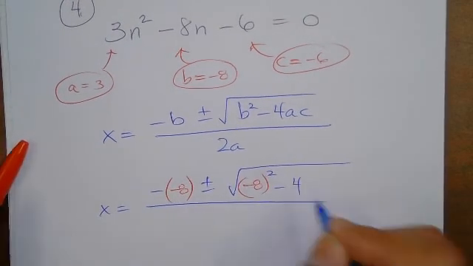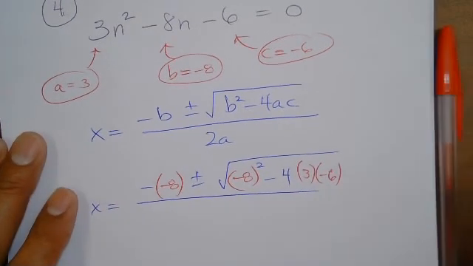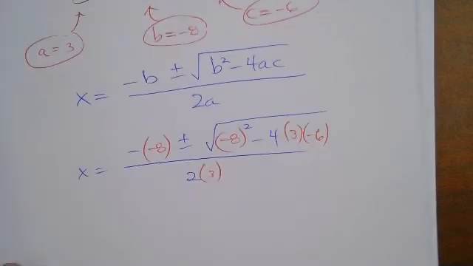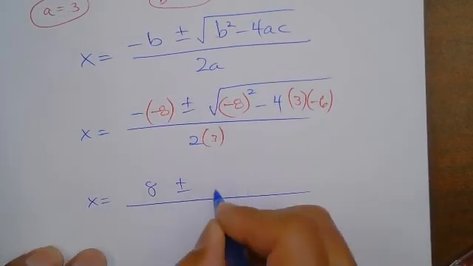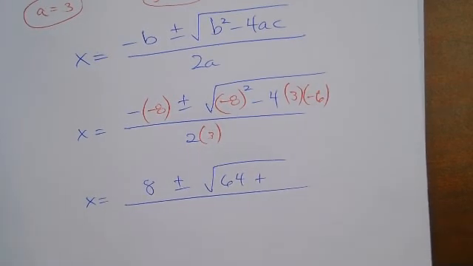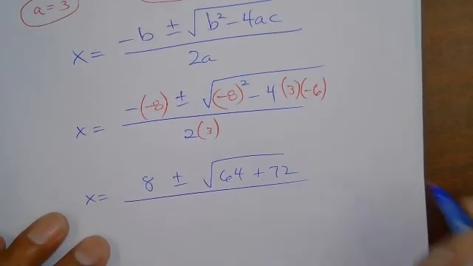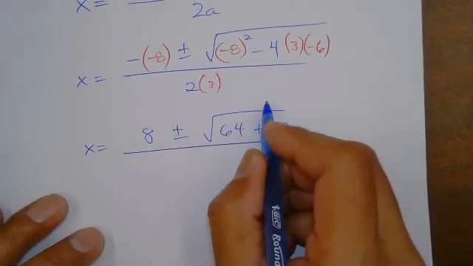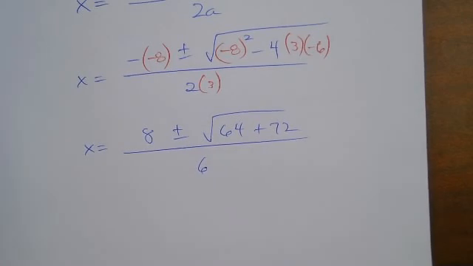And that will be x is equal to negative 8 plus minus square root negative 8 squared minus 4 times 3 times negative 6 all divided by 2 times 3. Okay, you should have this. X is equal to 8 plus minus 64 plus 72?